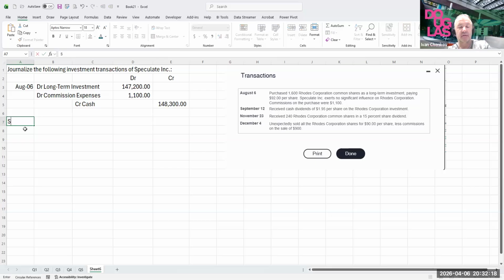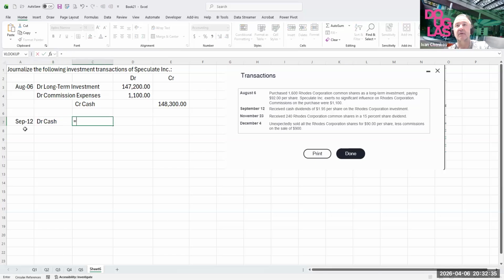On September 12th, we receive a cash dividend of 1.95 per share. So let's get that cash dividend, debit cash.